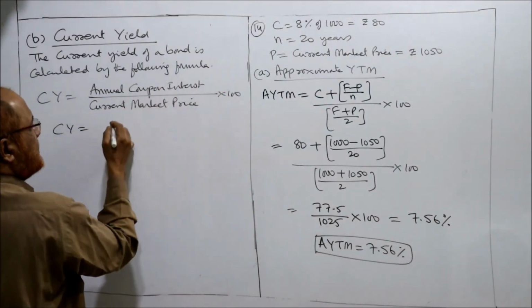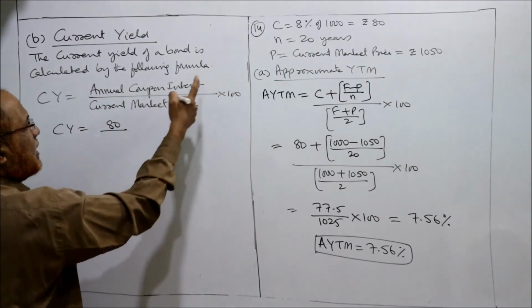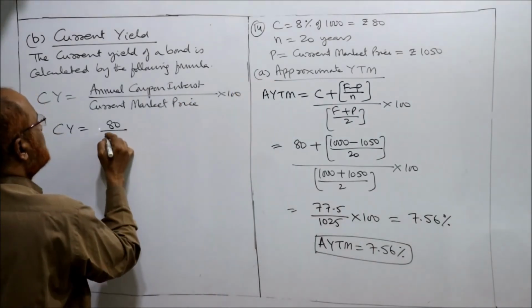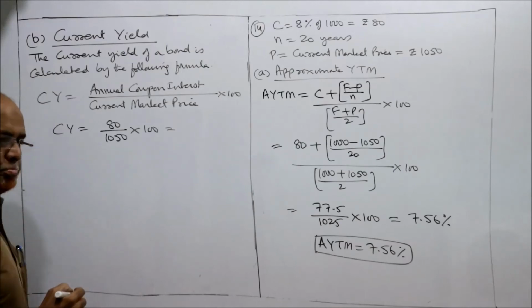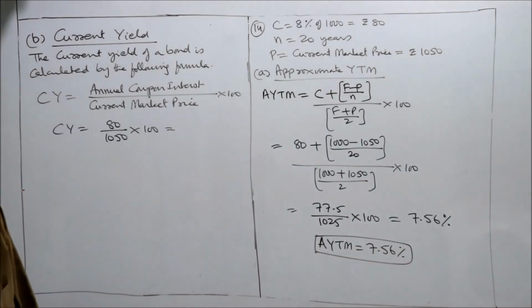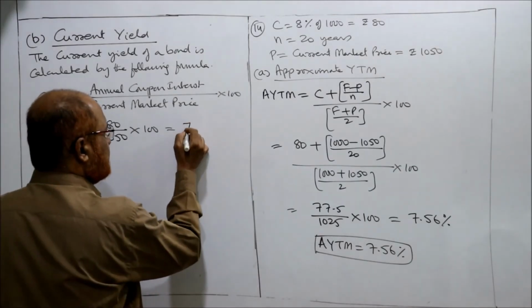Annual coupon interest is 80 rupees. Current market price of the share is 1050. 80 by 1050 into 100, 7.62%.